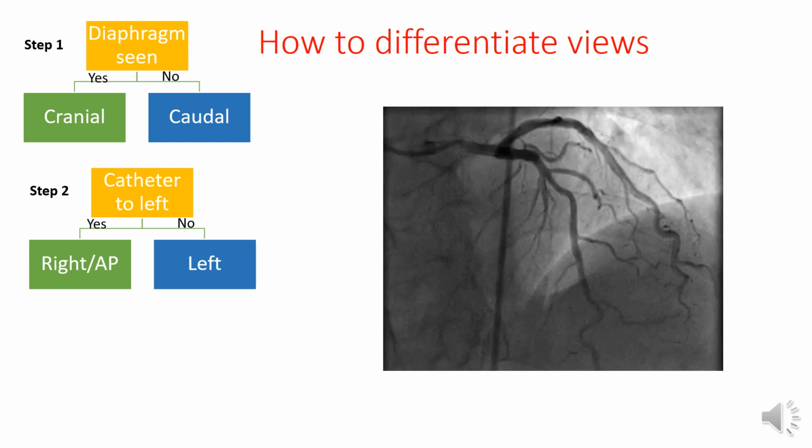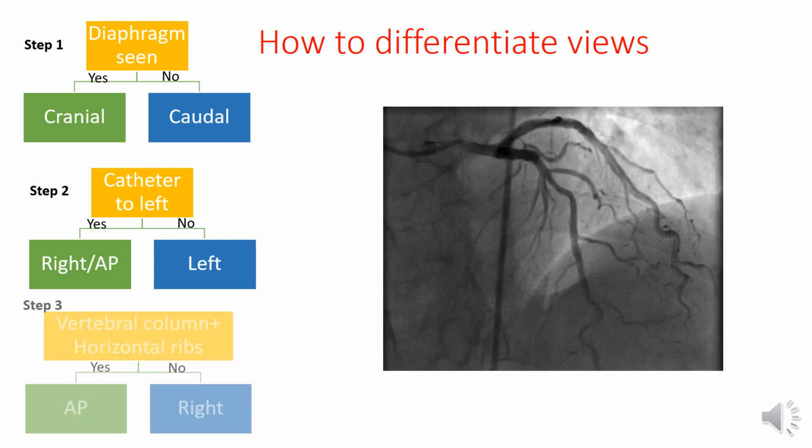So how to differentiate between right and epicranial? Simply, when we are seeing the vertebral column and the ribs are horizontal, this means we are looking anteroposteriorly, so it is an anteroposterior view. When we are seeing just the rib and its direction is oblique, this is a right view.